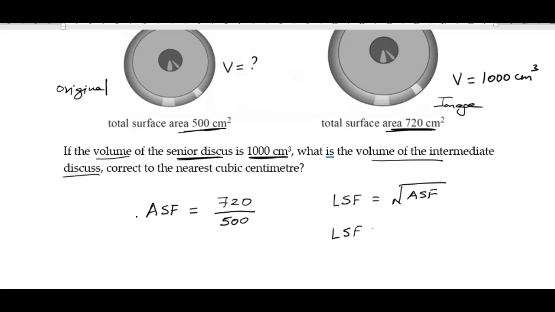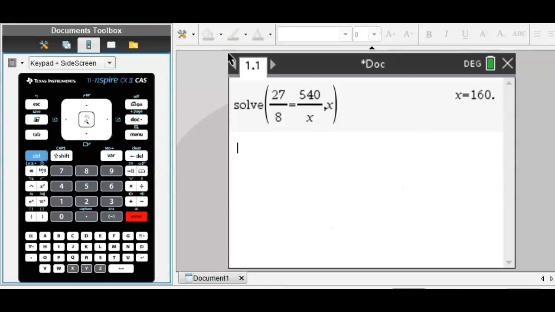So LSF equals the square root of 720 over 500. That gives me the length scale factor as 1.2.